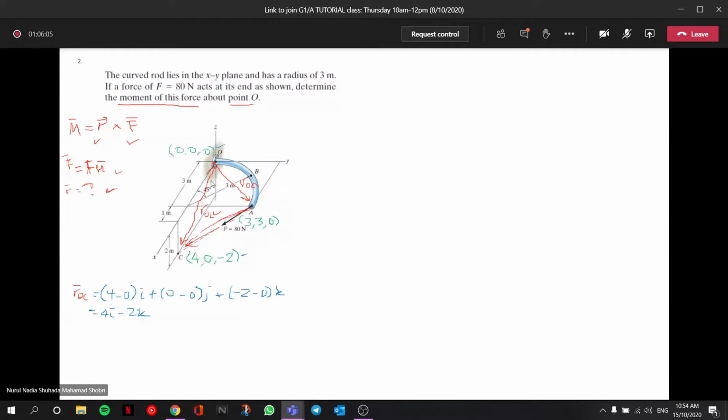So 4i minus 2k will be the r vector in this case. Now we already find the r vector. Now it's time to find the f vector.